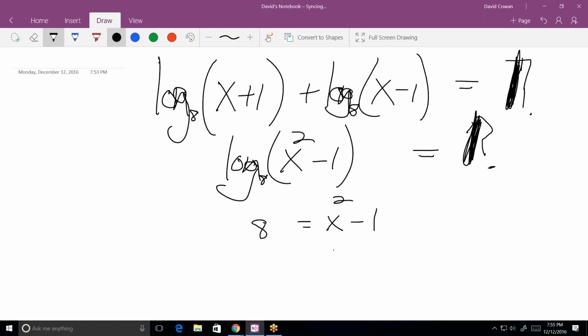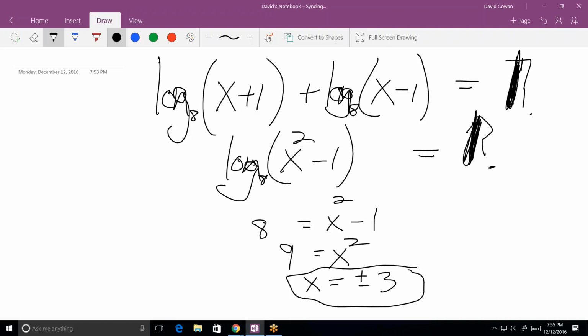Yep. Which means x squared equals 9, which means x equals plus or minus 3. The minus 3 violates the domain. Notice it does not violate that other domain, because -3 squared is still 9.